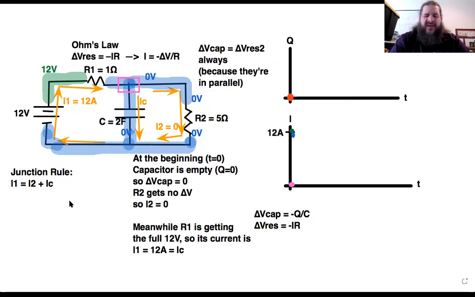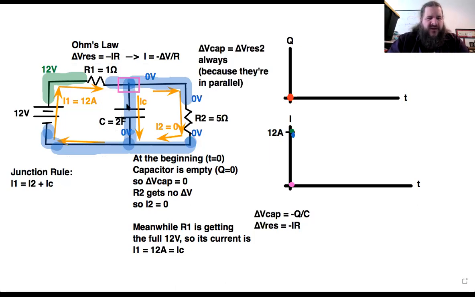So any branches in parallel with each other have to have the same overall delta V. And that's true even if there's more than two branches. If you've got 10 branches that all start at the same point and all end at the same point, each one of those 10 branches has the same full delta V.